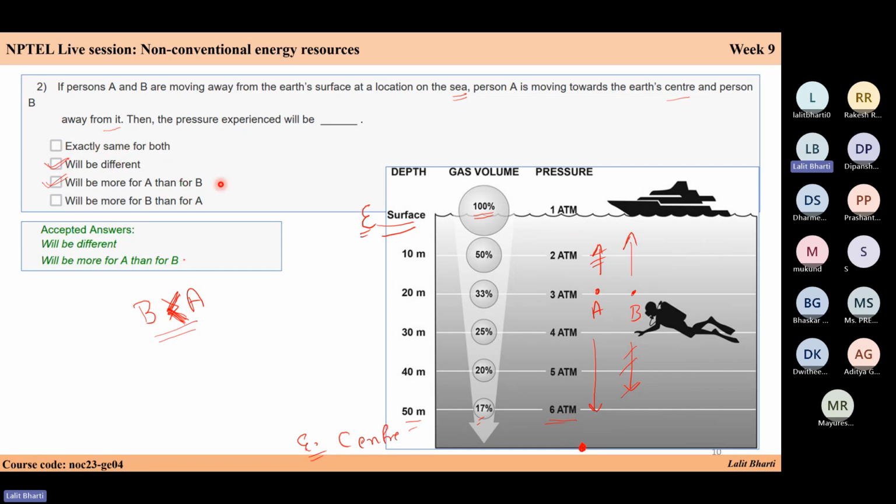Will it be different? Yes, it will be different. Then, it will be more for A than for B. So that is correct. For A, the pressure will be higher. For B, it will be lower. And that it will be more for B than for A, so the fourth statement is incorrect. Only 2 and 3 are correct.